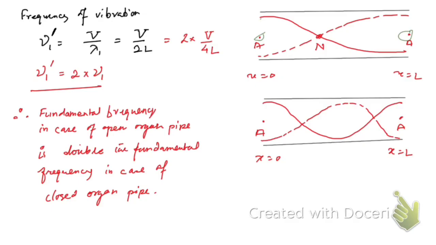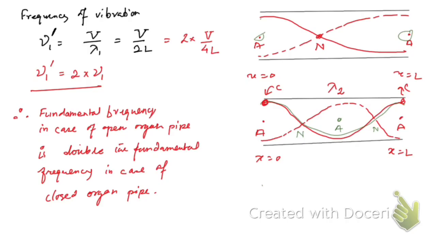In this case, you can see clearly that we will get 1 more antinode here. This is a node and this is a node, and if you observe this wave, this is a crest, here it is a crest, and here also it is a crest, right? So that's why crest to crest, this length is lambda.